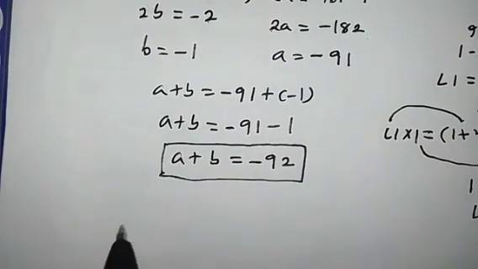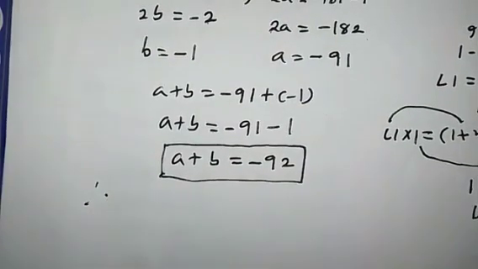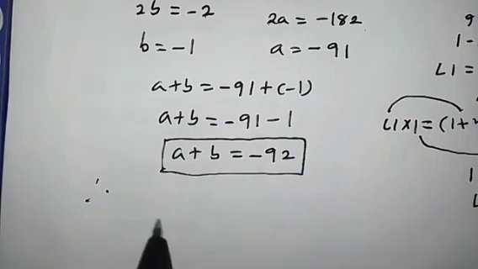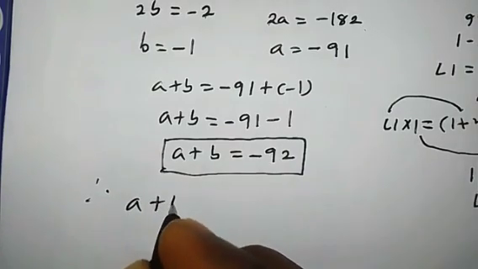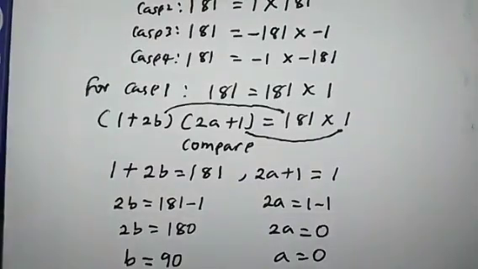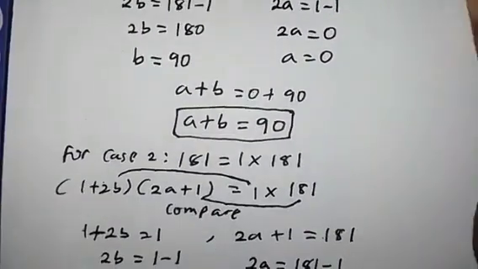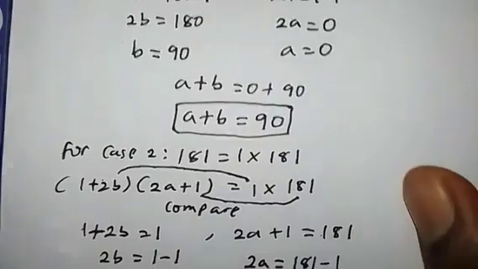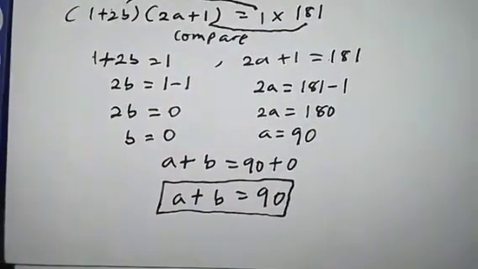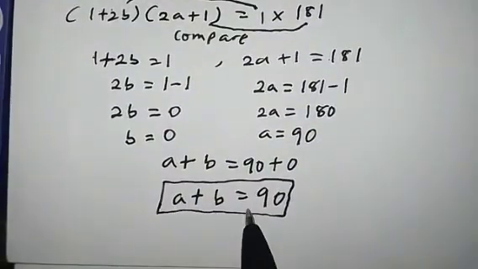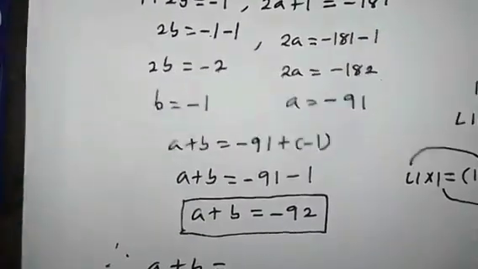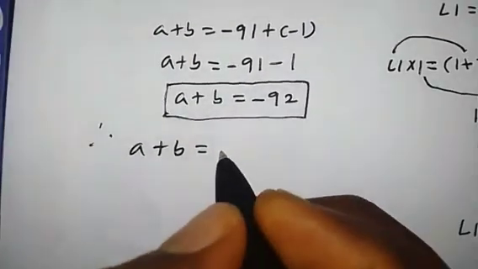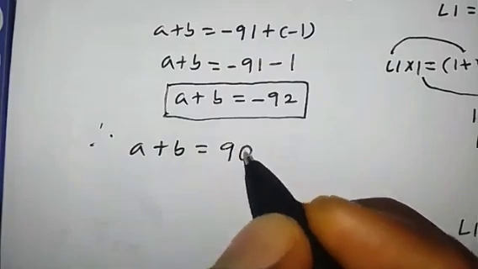You will deduce that from all the four cases, the first value of a plus b that we got is a plus b equals 90. Also in the second case, we got the same answer, a plus b equals 90. So let us write it down. A plus b is equal to 90.